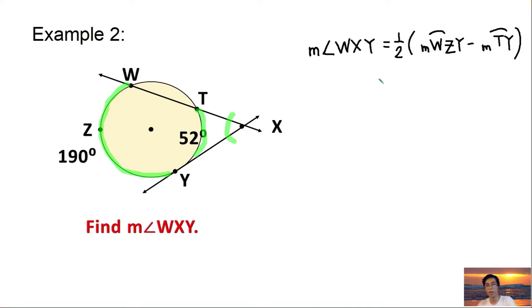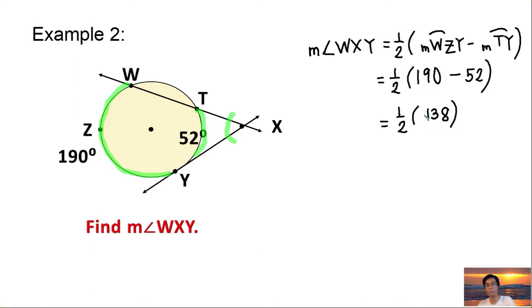Okay? So, equals 1/2. Si WZY, the measure is 190. So, that's 190 minus. Si TY naman, the measure is 52. So, we have 1/2 times quantity 190 minus 52. So, simplify muna natin si 190 minus 52. 190 minus 52 is equal to 138 kapag sinubtract.